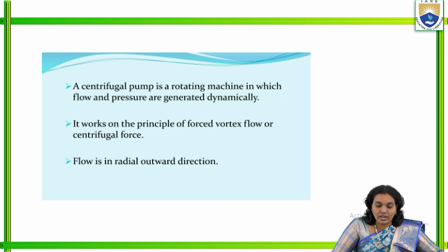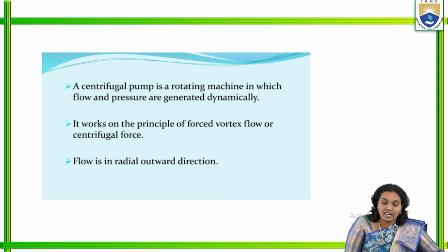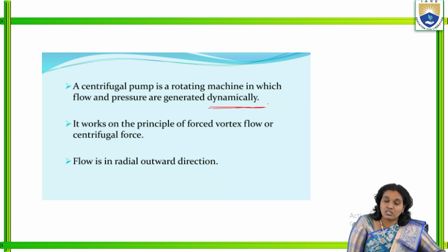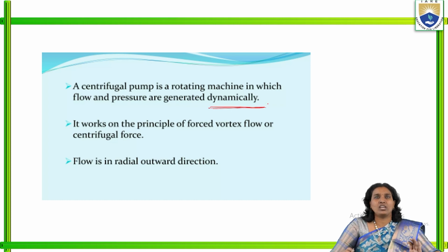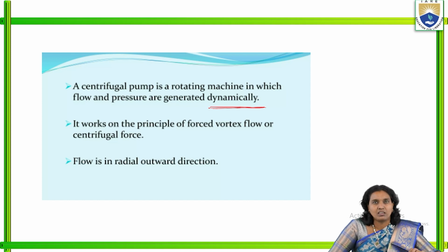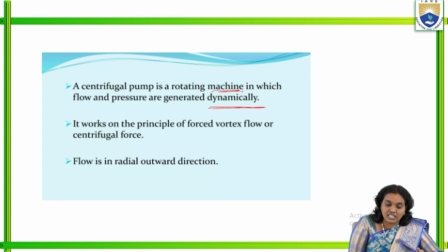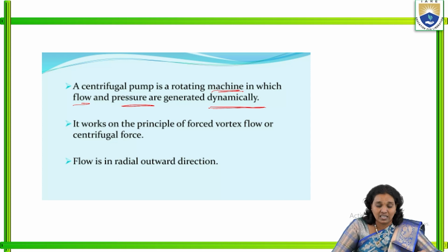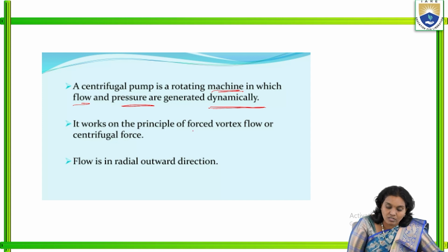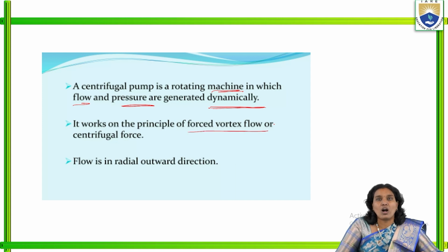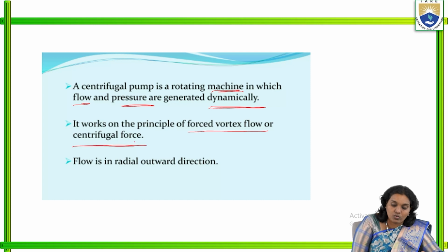A centrifugal pump is a rotating machine in which flow and pressure are generated dynamically. Because of this dynamic nature, it is classified under the category of dynamic pumps. It works on the principle of forced vortex flow or centrifugal force.